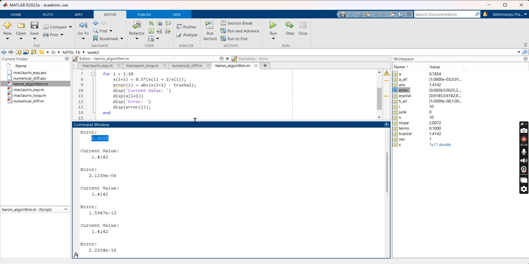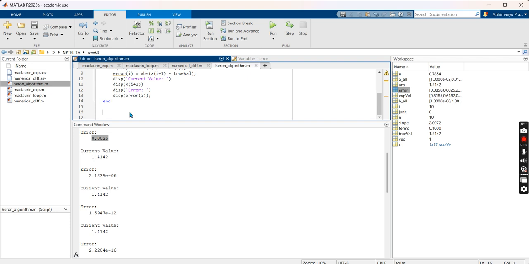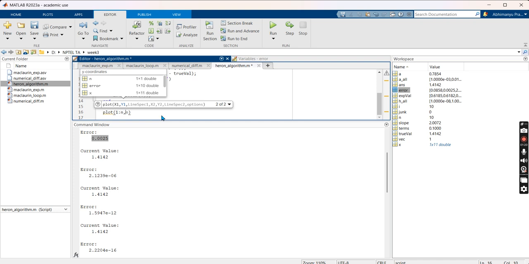So if I plot it, do I need to plot the number of loops? So 1:1 and error.